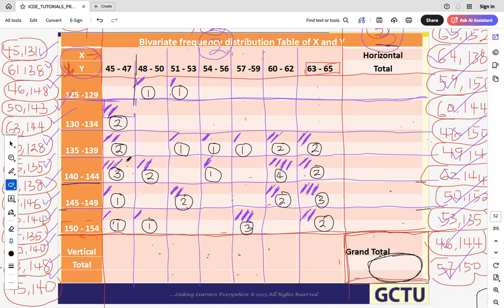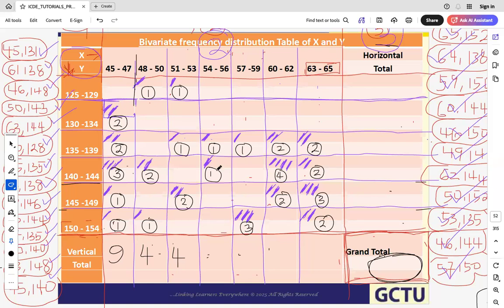We are now moving from the top to the bottom, vertical. So let's add 2 plus 2 plus 3 plus 1 plus 1. When you put all together, you will record 9. So the total here, from the top to the bottom, you have 9. Then the second column, 1 plus 2 plus 1, you record 4. Third column, 1 plus 1 plus 2, same thing, you record 4.